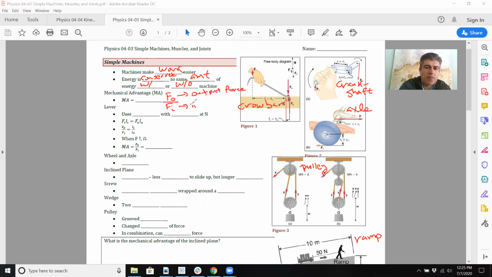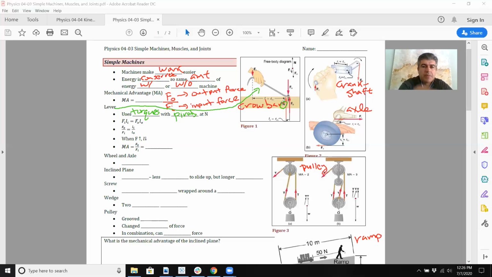FI stands for input force. So a lever, that's kind of what we have over here. So that's called a lever. Uses torques with pivots. And N right here, I guess is where our pivot is.